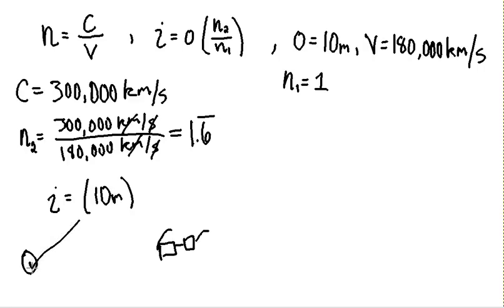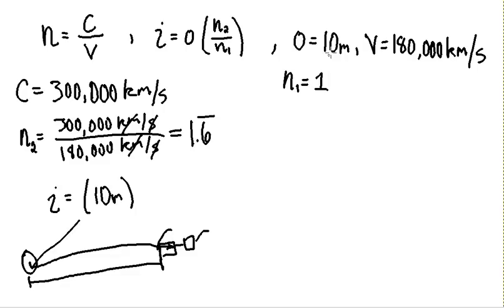Light strikes the object. It's traveling through the air, and then it goes into their lens. What we're talking about is how far away this image appears to be. We know that it's actually 10 meters, but for this person wearing the glasses, how far does it appear to be, given that these glasses refract the light, slowing it down by this much?